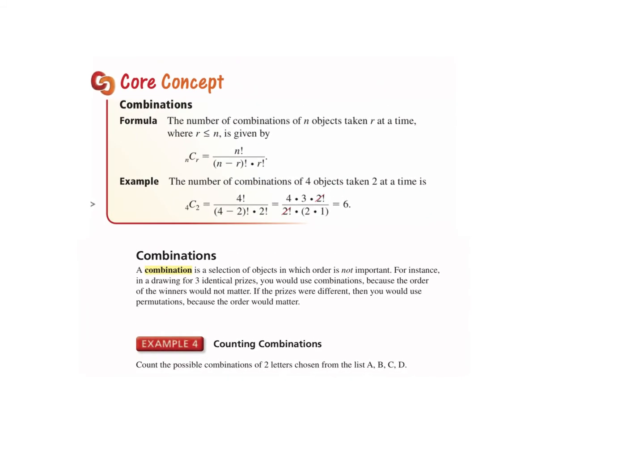All right. Next, let's look at combinations. So the number of combinations of n objects taken r at a time is this formula. So in combinations, the order does not matter.